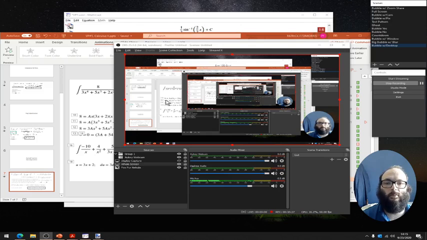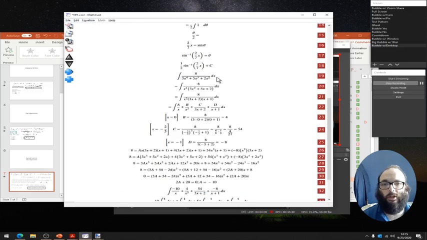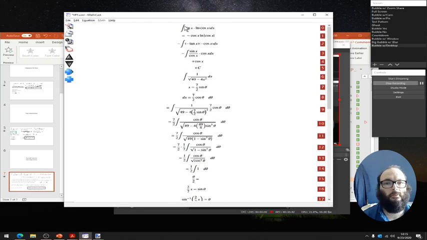And to make these equations look nice inside of PowerPoint, I used MathCast, a program for creating MathML expressions that look nice.